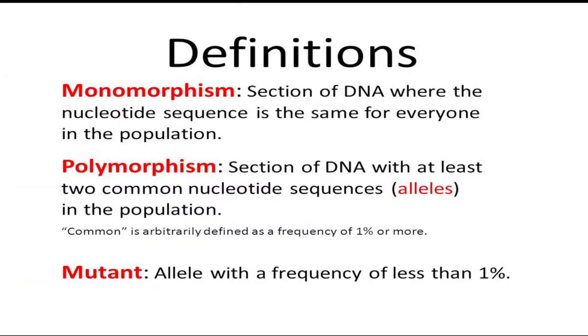The polymorphism we call the mutation, the frequency of which in a population is near 1%. Monomorphism is a part of DNA where the nucleotide sequence is the same for everyone in the population. Polymorphism plays a very important role in evolution because it provides the variation of characteristics in organisms of a population.